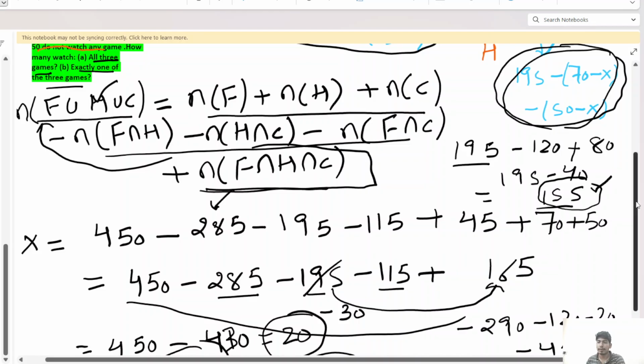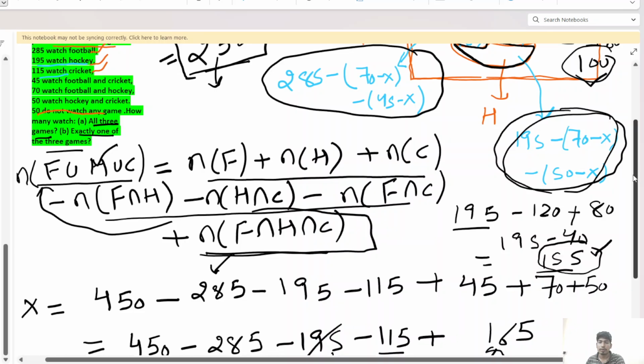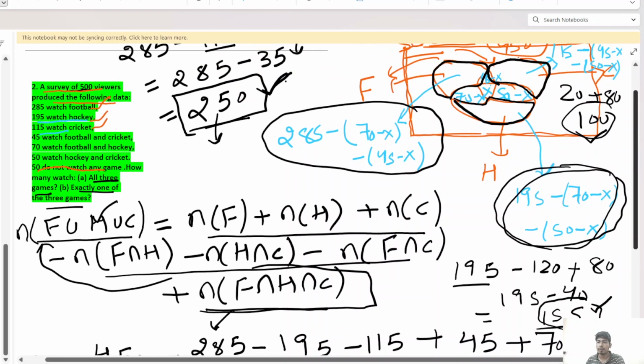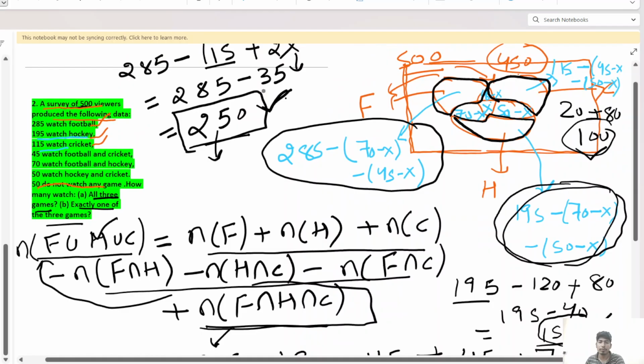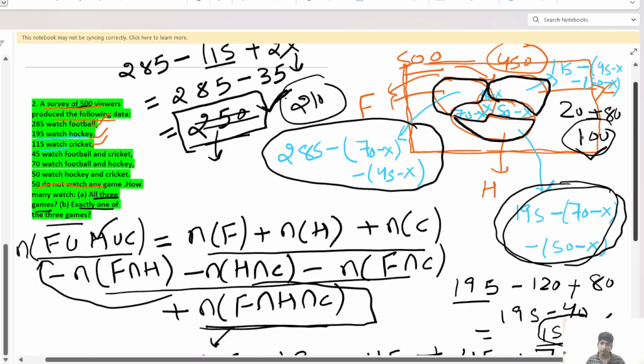Okay, then this 250 becomes 210. You can solve this. And this 100 becomes 60. You can check easily.